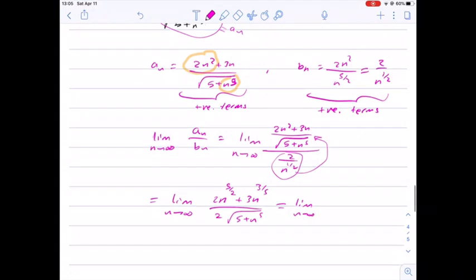Now as n goes to infinity, we divide each term by n to 5/2, and we get 2 plus 3 over n over 2 square root 5 over n to the fifth plus 1.